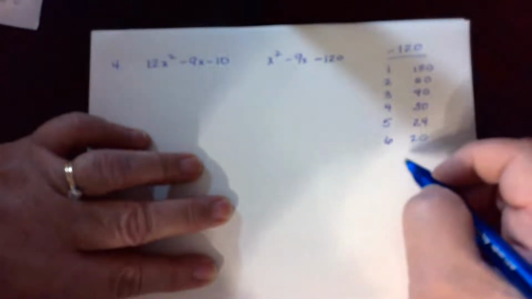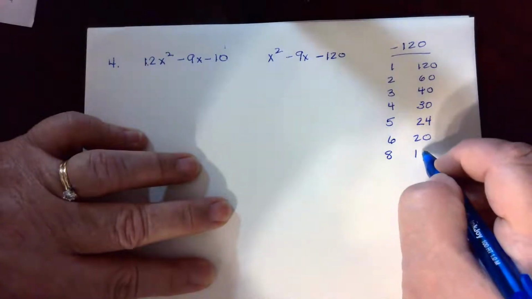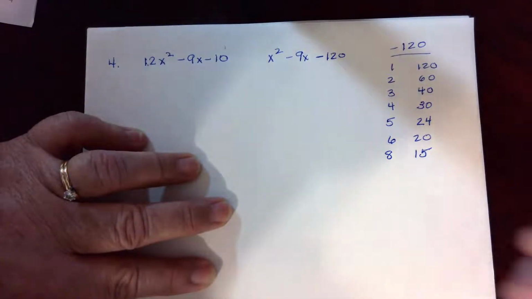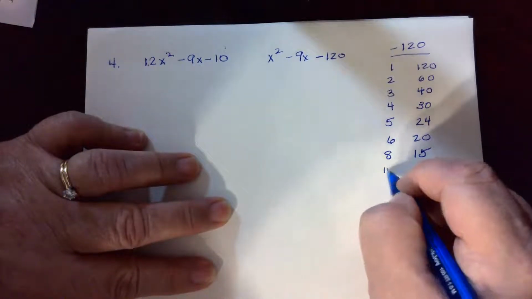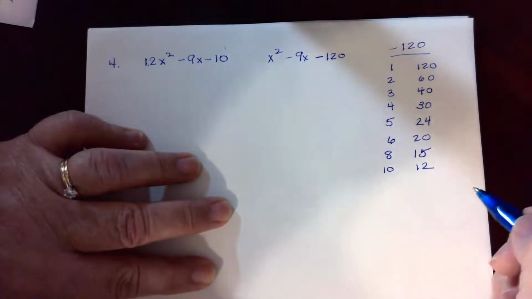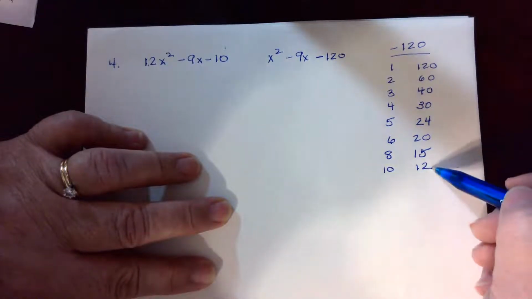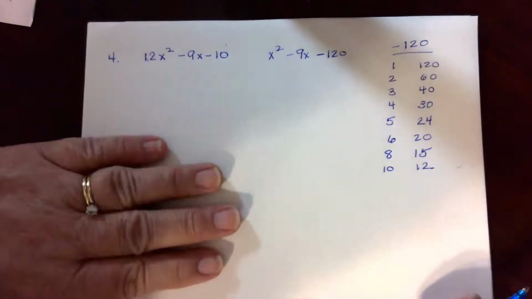6, 20. 7 won't work. 8 would be 15. 9 won't work. 10 and 12. 11 won't work, and I've already got 12 in my list, so now I know my list is complete.